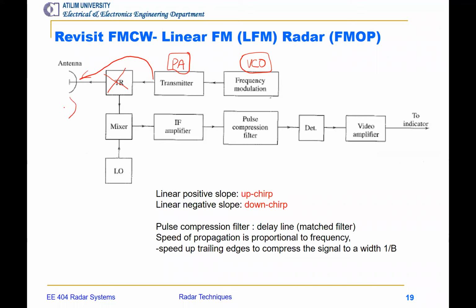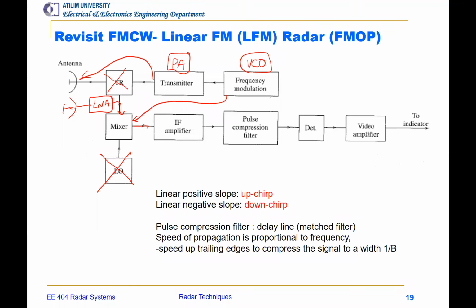For the receiver, we have a second antenna, which is connected to an LNA, and then a mixer with this VCO.